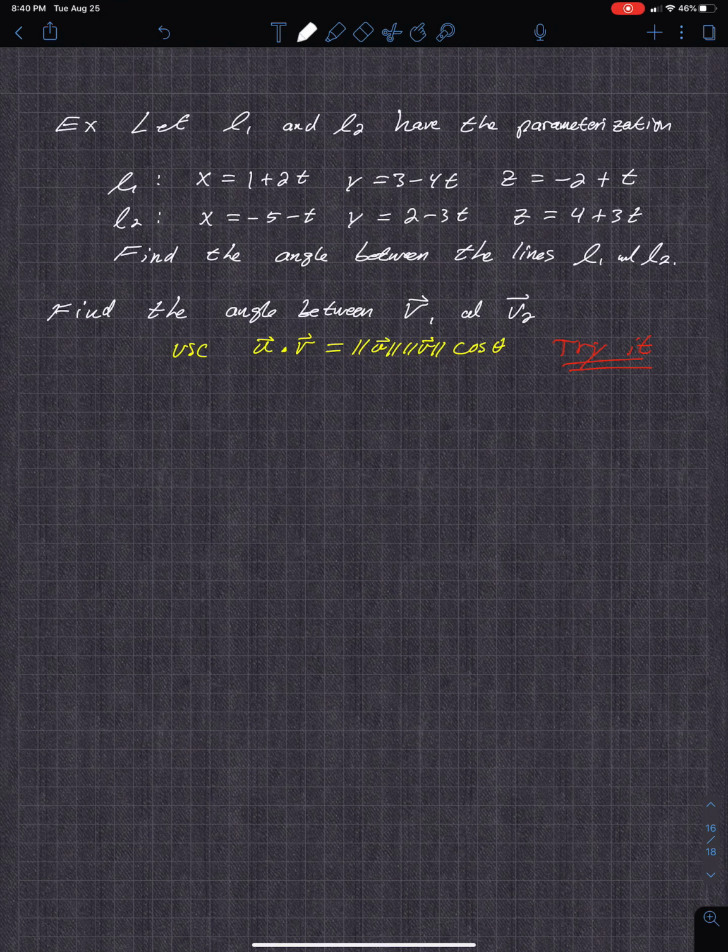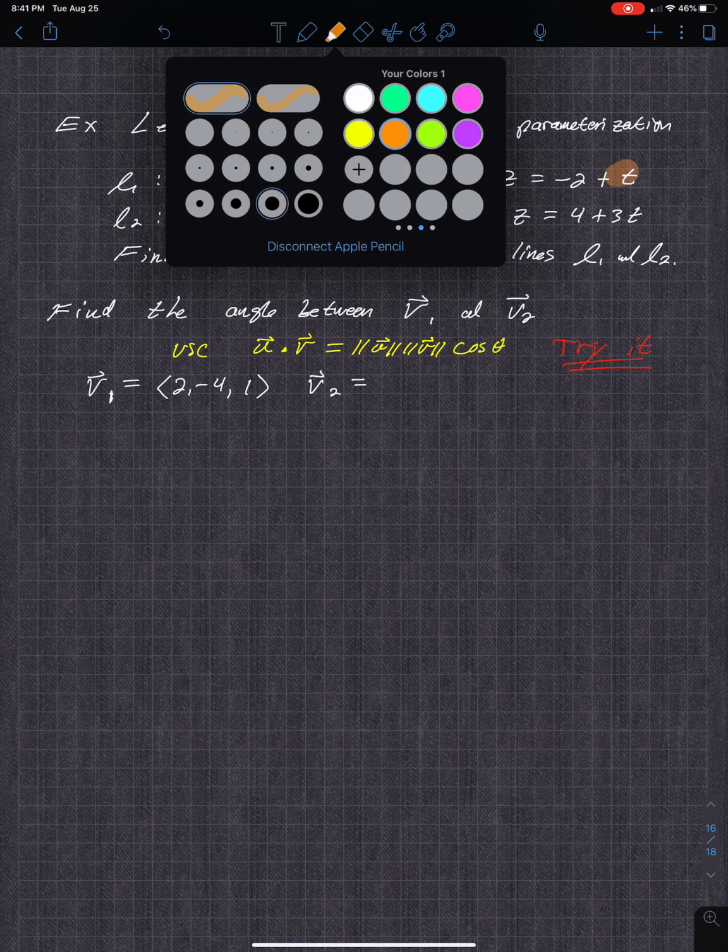Okay, so what we have then, so write down V1. So you look at the coefficients of V1. So here's your coefficients. So that's your ABC. So that's 2, negative 4, 1. And then your V2 are the other coefficients.